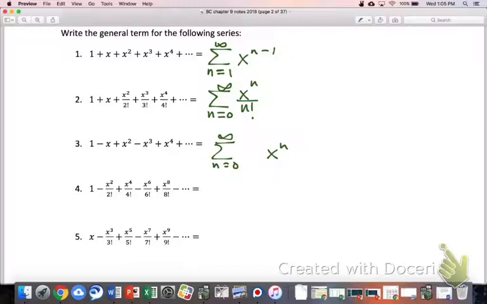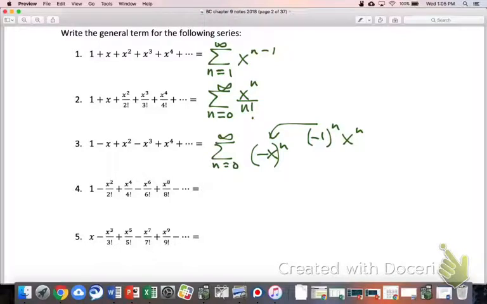Negative x. Okay, so if you put it in parentheses, this would work. I got no problem with that. I am going to encourage you to think about it a little bit differently. I would encourage you, instead of writing it like that, to write it like this: negative 1 to the n times x to the n, to kind of separate the alternating element out from what's going on with the variable.